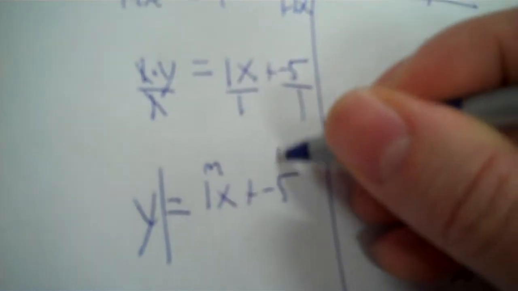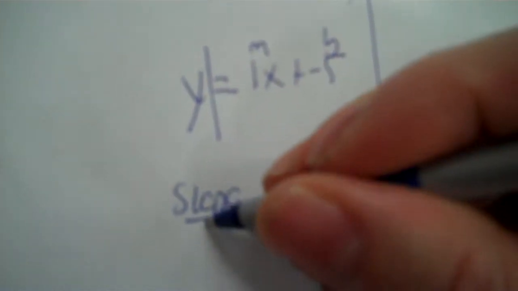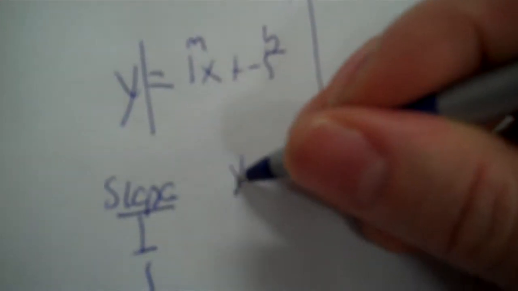Now I have m and b. So the slope is 1 over 1, and the y-intercept is negative 5. So on the y-axis, I go down 1, 2, 3, 4, 5. And from that point, I go up 1, forward 1. Okay, and I can see how that's lining up.